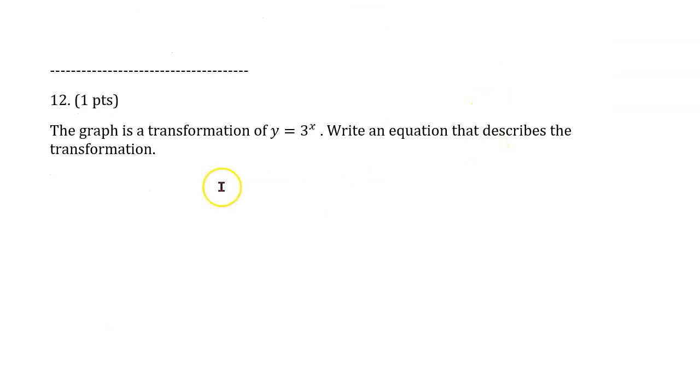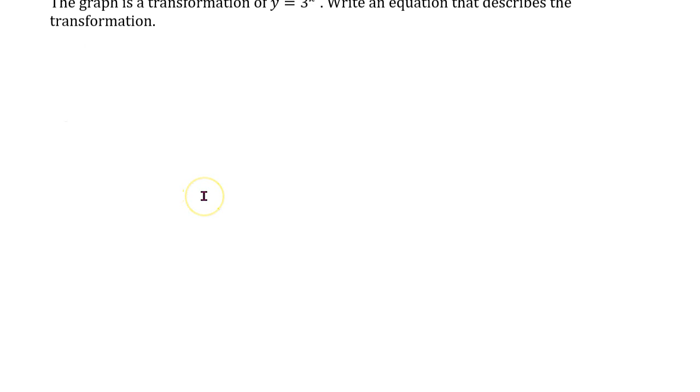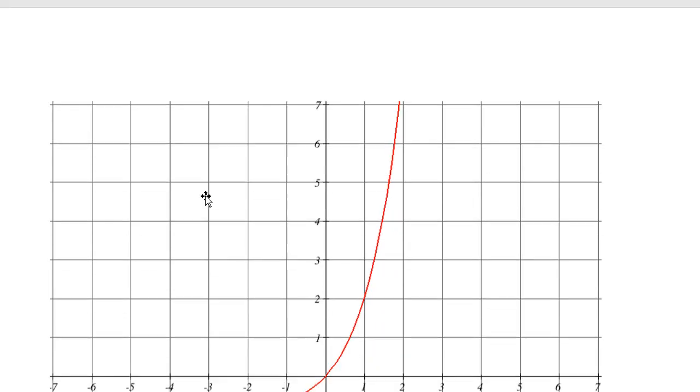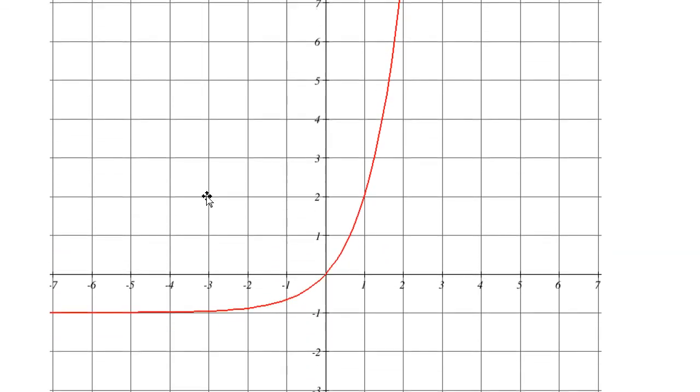In the next problem, the graph is a transformation of y equal 3 to the x. Write an equation that describes the transformation. Let's take a look and see what we've got. This is a transformation of 3 to the x. I know 3 to the x should be going through 0, 1, but it looks like it's going through the origin.